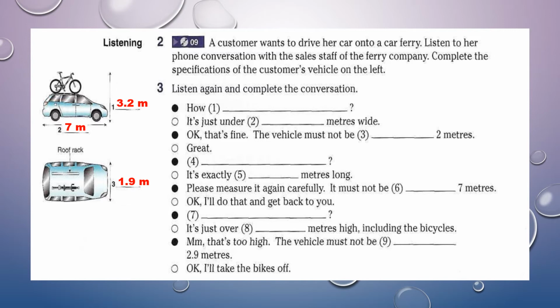It must not be gap or blank 7 meters. Okay, I'll do that and get back to you. 7 is a question. 8, it's just over meters high, including the bicycles. That's too high. The vehicle must not be 2.9 meters. Okay, I'll take the bikes off.